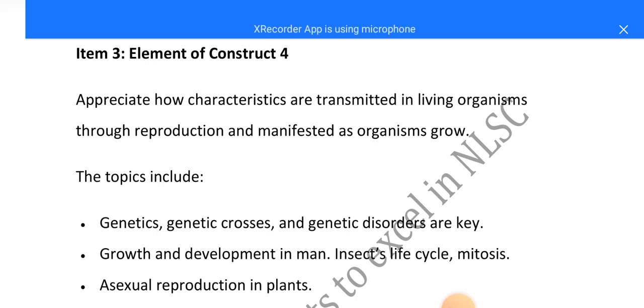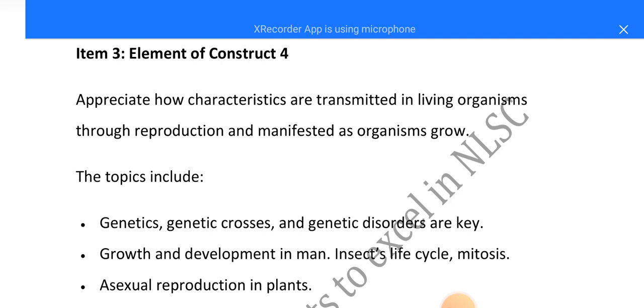Then part B is where the examiners can integrate reproduction, like reproduction in plants. If the question is about plants, they can bring reproduction in animals in part B.